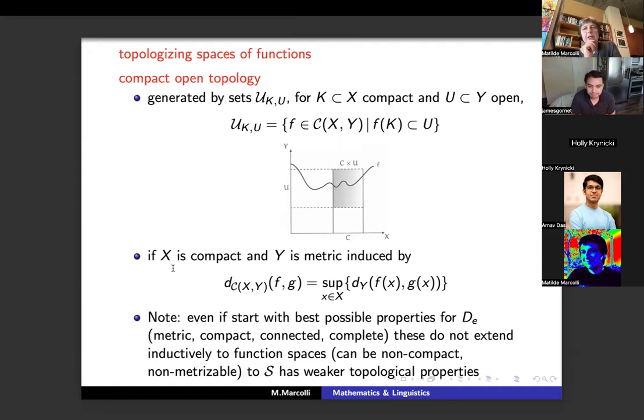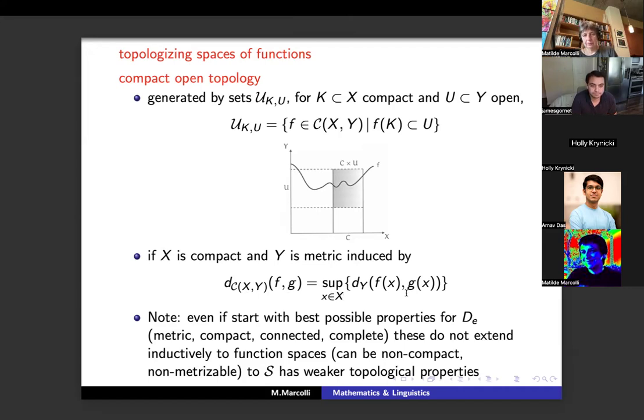One of the properties that this topology has is that if the source topological space is compact, and the target topological space is metric, then this space of continuous functions is itself metrizable, and the metric is the sup metric, the supremum over the points.